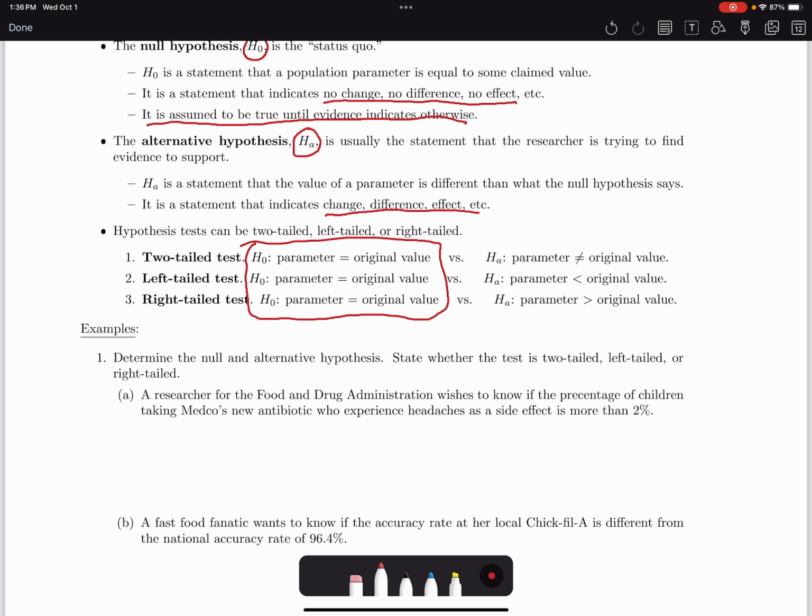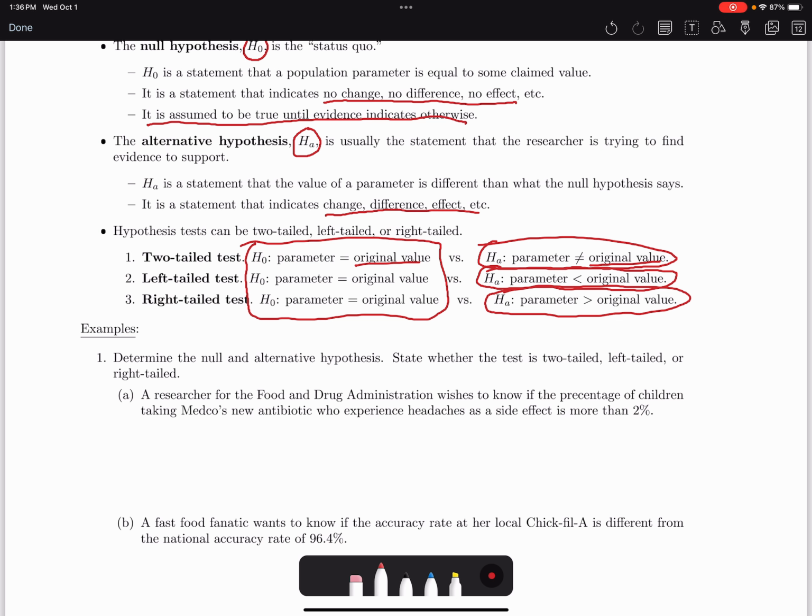However, in a two-tailed test, the alternative hypothesis is that the parameter you're testing does not equal that value from the null hypothesis, right? That it's no longer equal to that value. In a left-tailed test, the alternative is that the parameter is less than the value. And in a right-tailed test, the alternative is that the parameter is greater than the value.